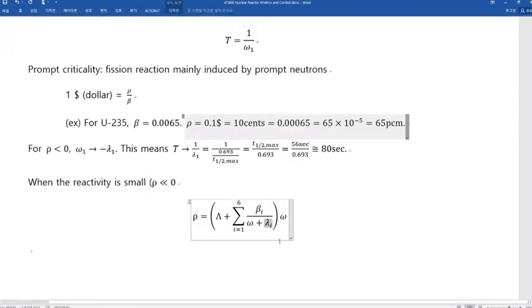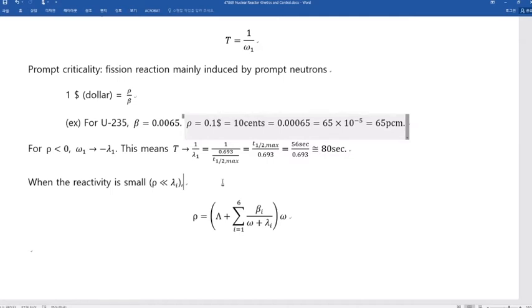When we compare this denominator, reactivity is very small such that omega is relatively very small compared to the lambda i's. Of course, the lambda i's are the natural log of 2 over the half-lives of the 6 precursor groups.